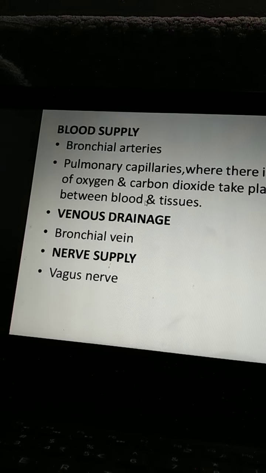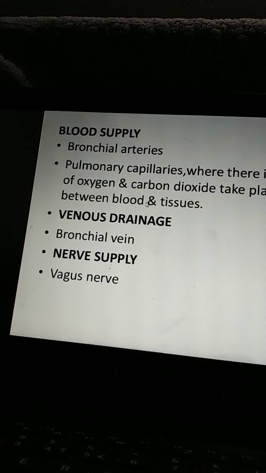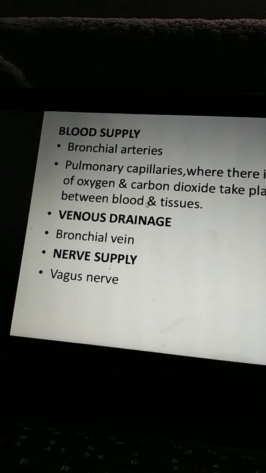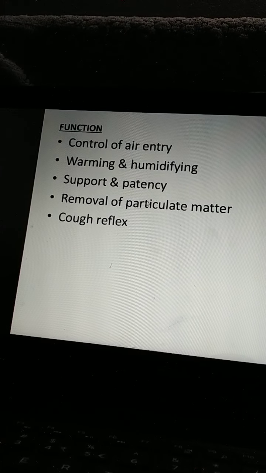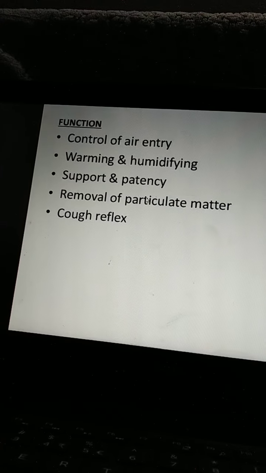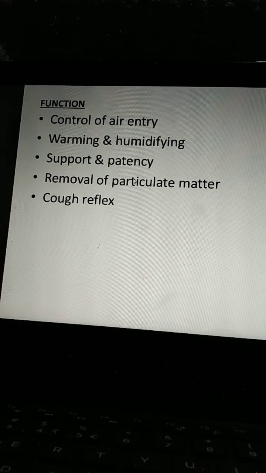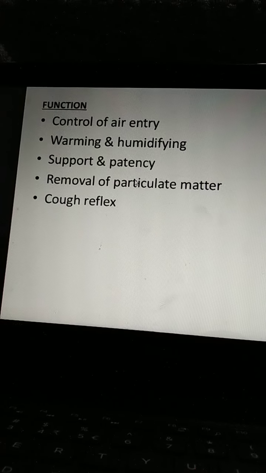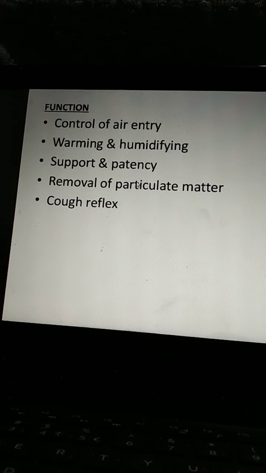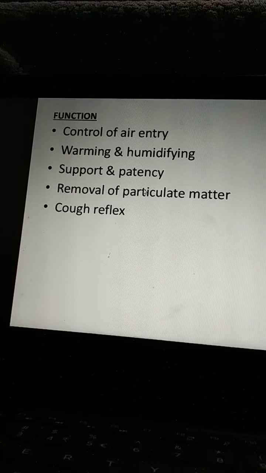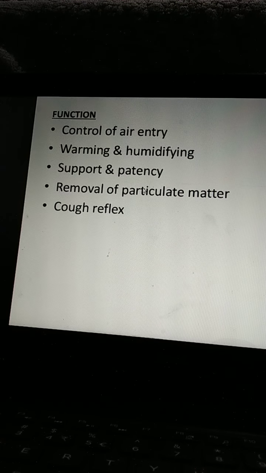Now, blood supply: your lungs are supplied by the bronchial arteries and veins, and innervated by the vagus nerve. The functions of the lungs are to control the airway entry, warming and humidification, which is also the same up to the lungs, then support and patency, removal of particulate matter, and the cough reflex.